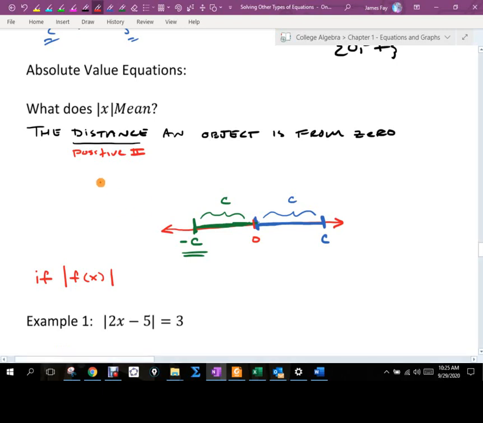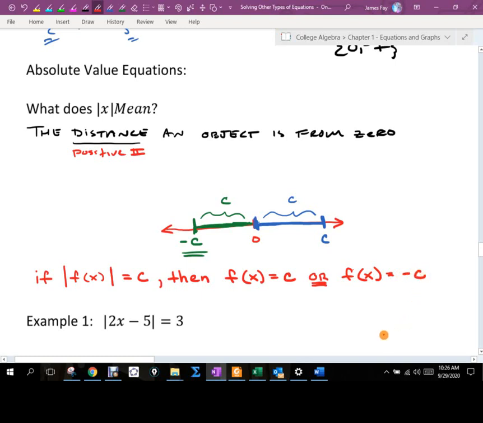I'm going to say that that is equal to c. So the absolute value of f of x is equal to c. Then we will say f of x equals c, or f of x is equal to the opposite of c.